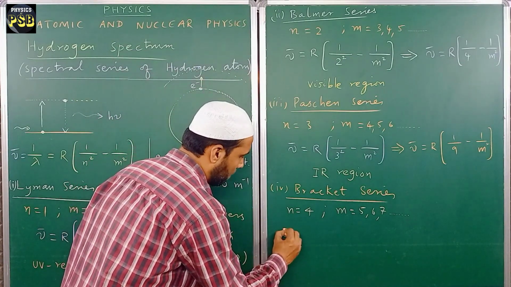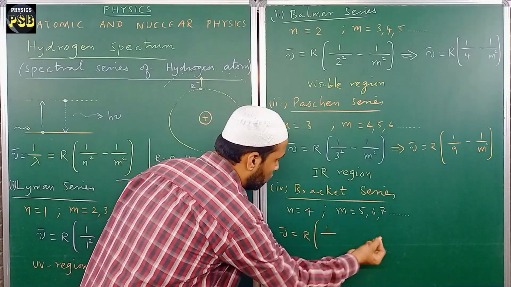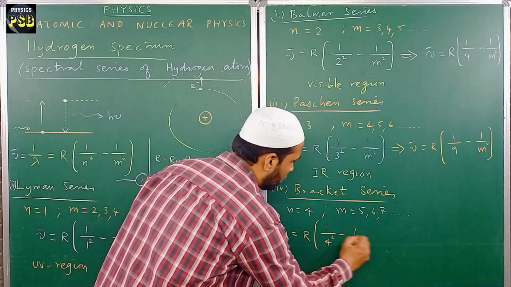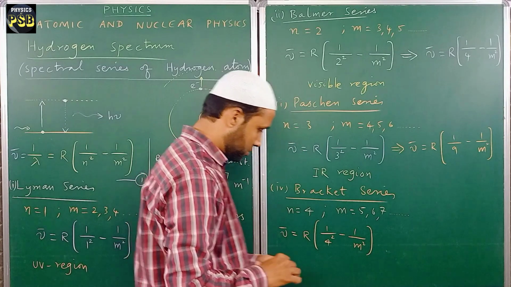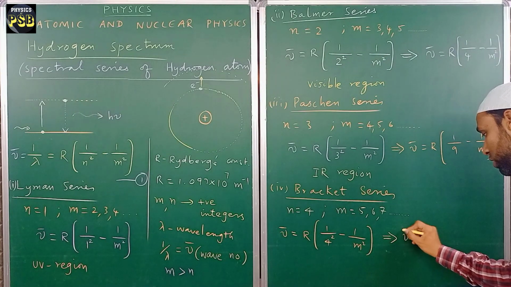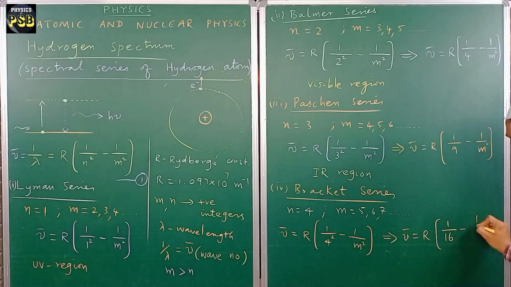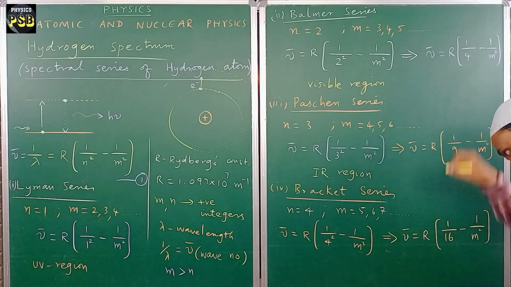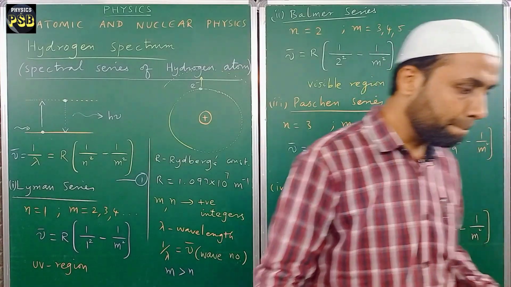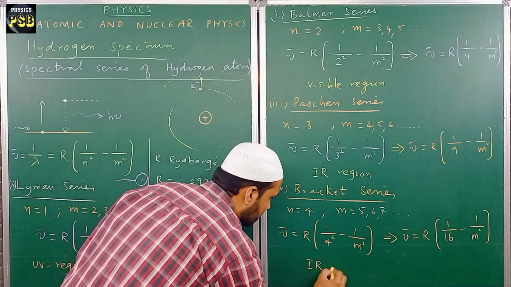So the wave number is R multiplied with 1 upon square of 4 minus 1 upon m square. Then on simplification, we get the value as 1 upon 16 minus 1 upon m square. And it is found that the Brackett series falls under the infrared region.